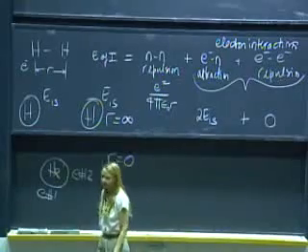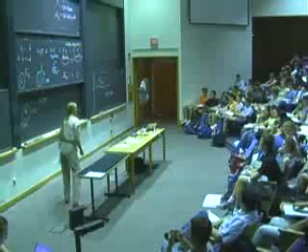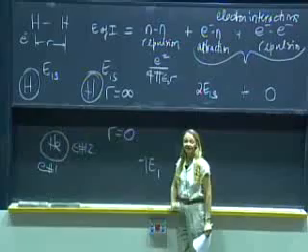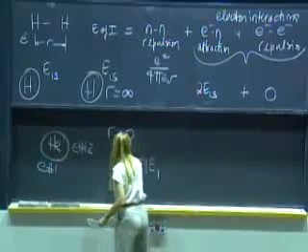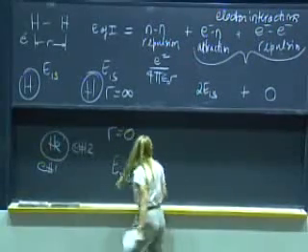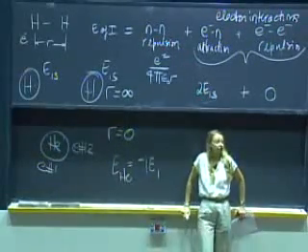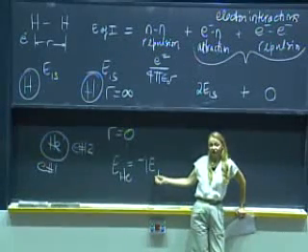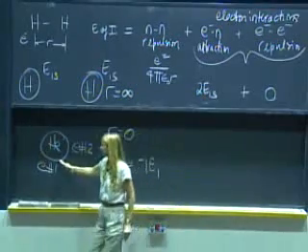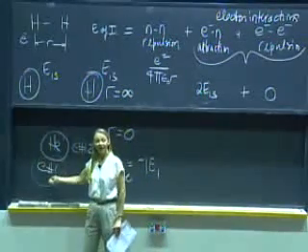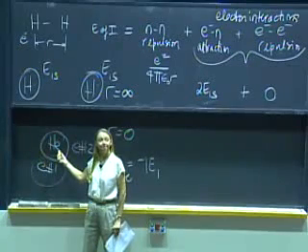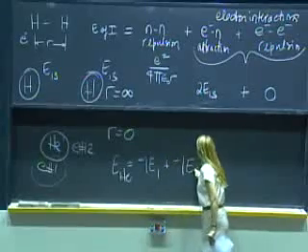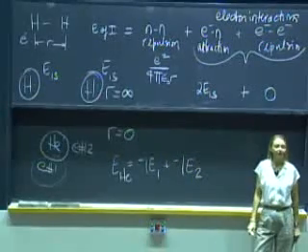Well, the total energy of interaction is going to be minus the first ionization energy of the helium atom, because that is the binding energy of the first electron to the helium, plus minus the second ionization energy of the helium atom.